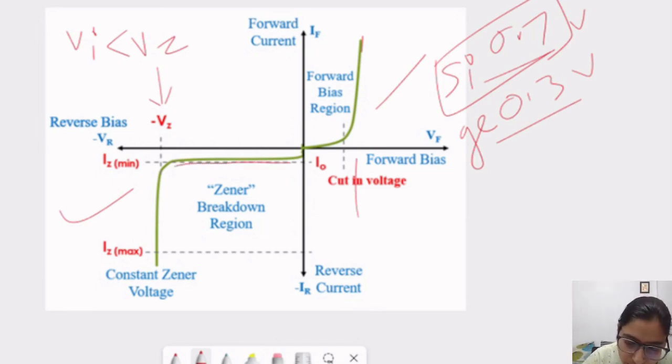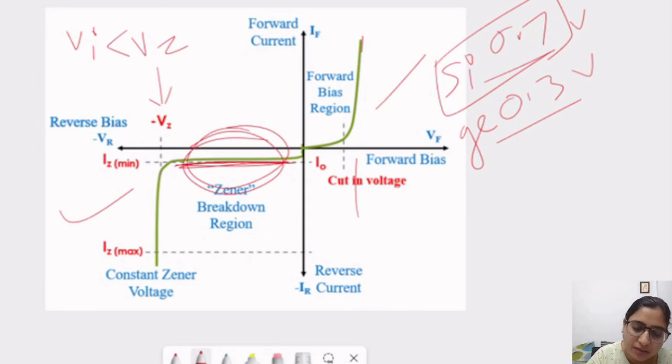Why this Iz minimum? Because of some leakage current in the circuit. We know that in reverse bias also, due to recombination, thermal agitation or impact ionization, we have some electron charges. So if flow of electrons is there, some very small microampere current will flow. This current is nothing but the leakage current here.